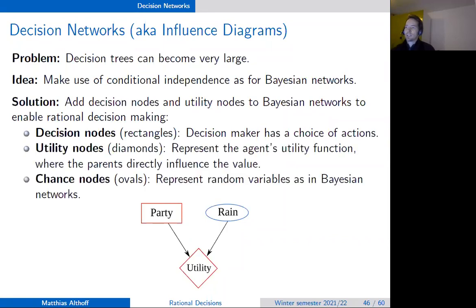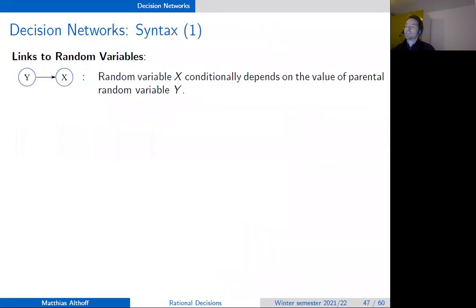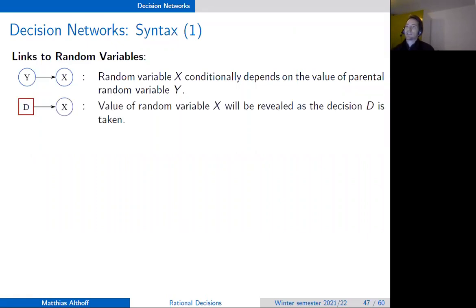Okay, so that's what I just mentioned. Now, as for Bayesian networks, we can indicate that a random variable x conditionally depends on the random variable y. So once we know y, we also know something about x. But we don't only have links from a random variable to another random variable, but also from decision nodes to random variables, as shown here.